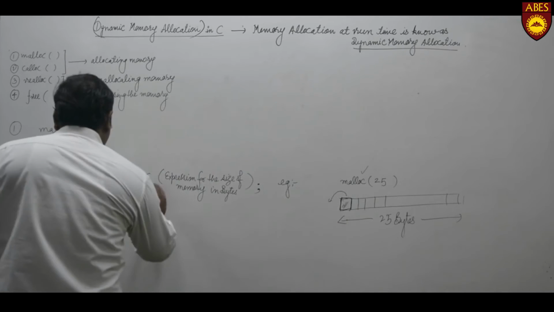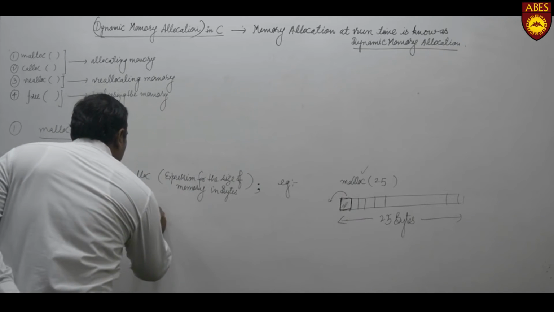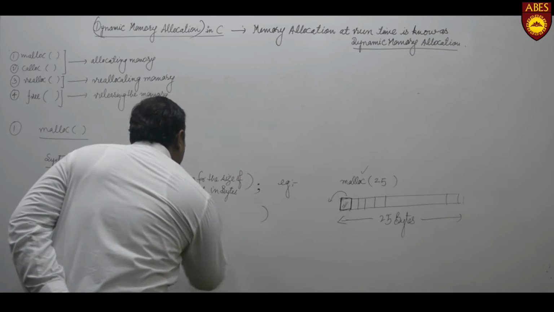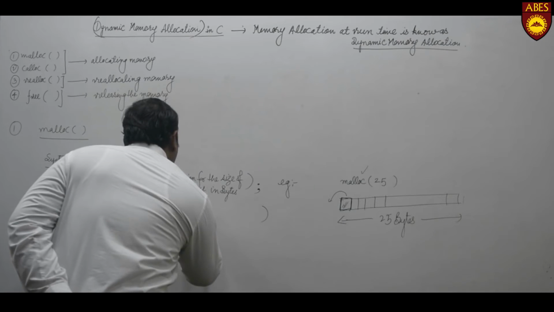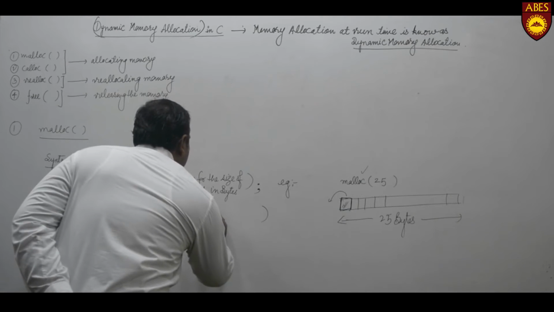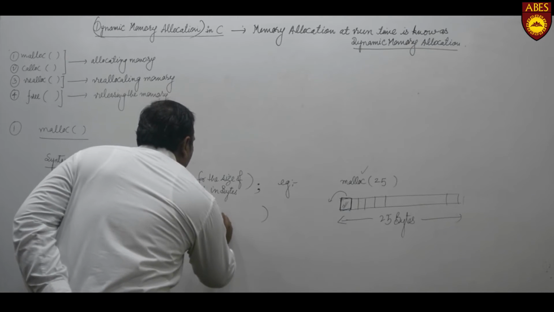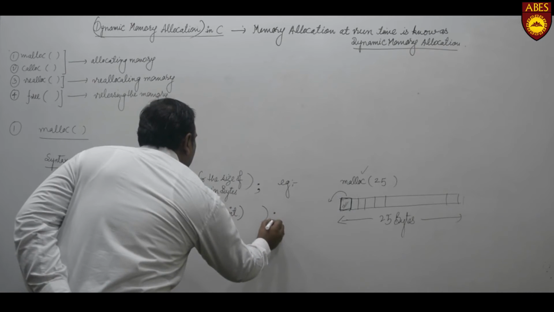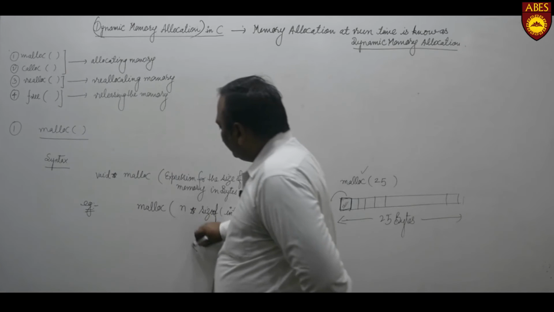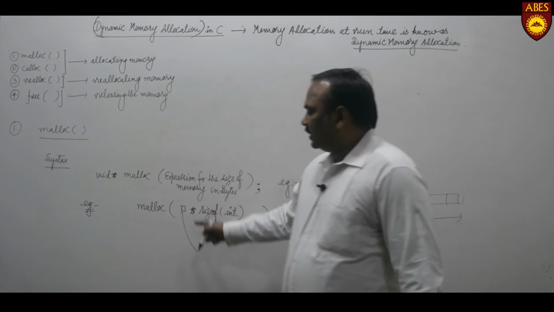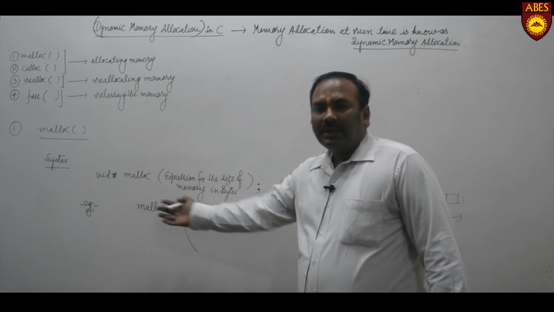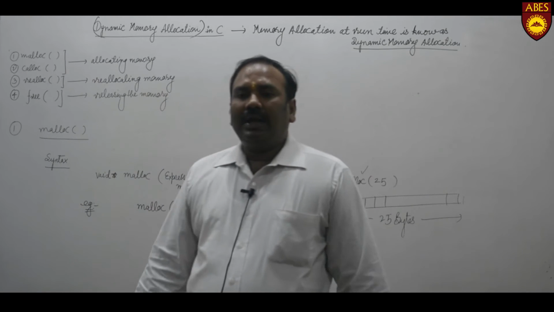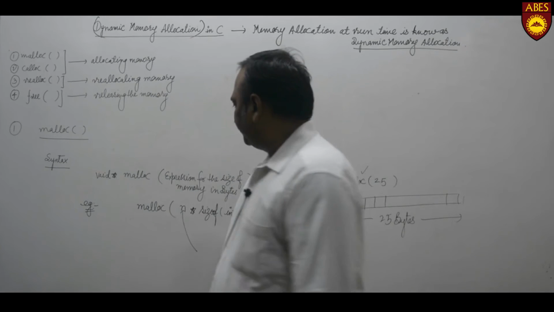So suppose we want to allocate n integer locations, we simply write n * sizeof(int). This n we provide at the time of execution, so it is clear that we can have memory at the time of execution.